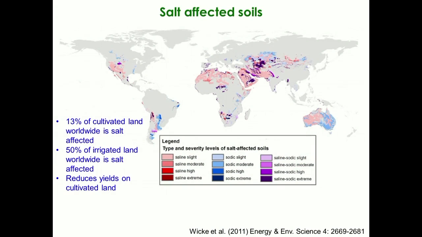This map just shows the major salt-affected regions at the moment across the world. So a lot of coastal regions, and also a lot of the arid and semi-arid regions. We're talking about 13% currently of our cultivated land being affected by high concentrations of salt, and of the land that's irrigated, about 50% of that is salt affected.